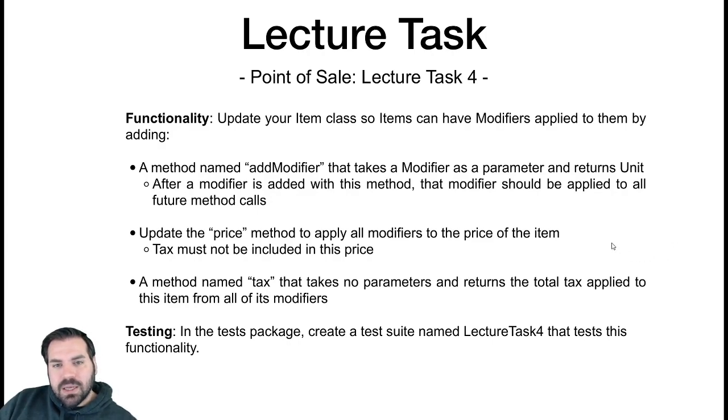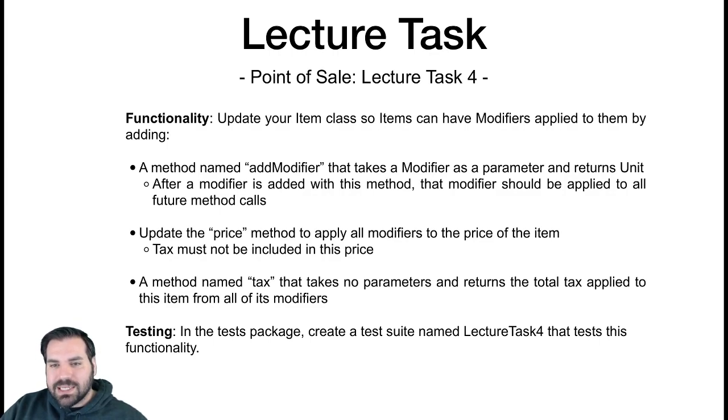So in lecture task 3, you created the modifier abstract class. You extended that class in 3 other classes: sales, sales tax, and bottle deposit. So you had these 3 classes that all extend modifier. They share functionality, they share methods, headers at least.